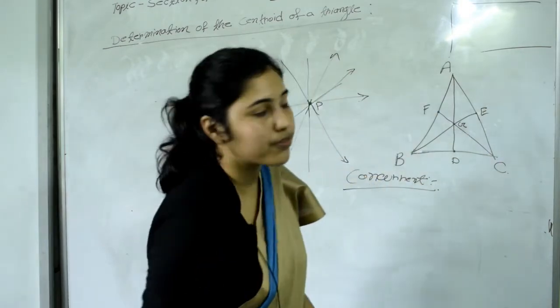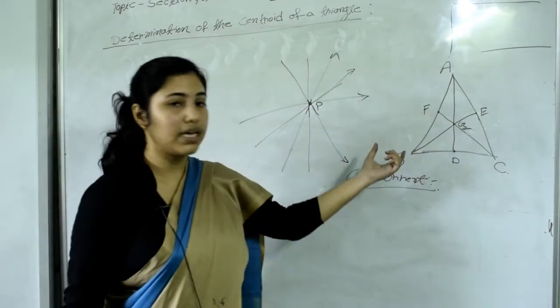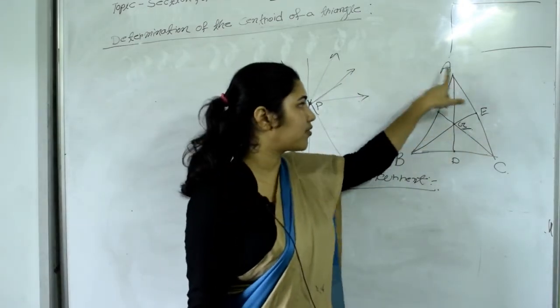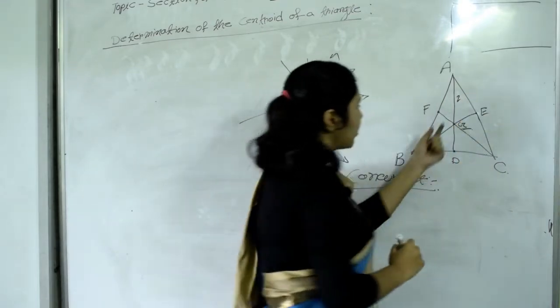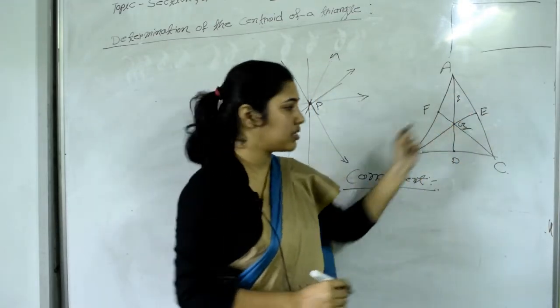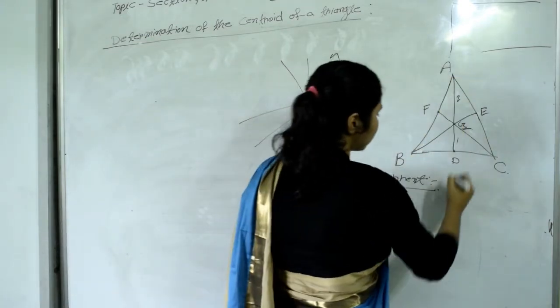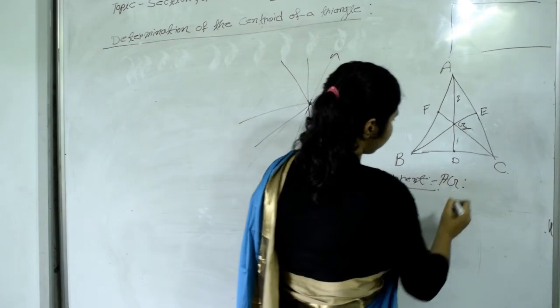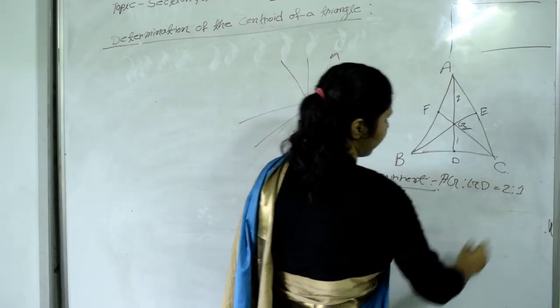Now we will prove that this point G is the centroid of this triangle ABC and divides all the medians at the ratio 2:1, which means AG is to GD equals 2:1.